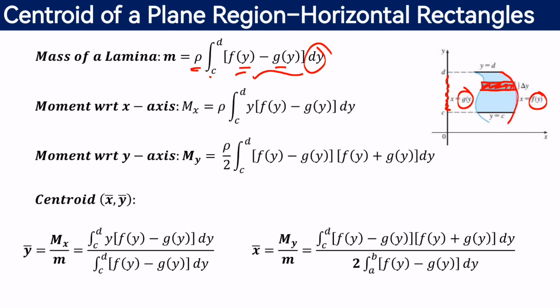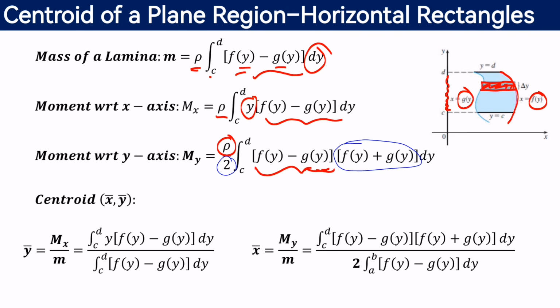Moment with respect to x-axis is just the mass, so that's rho times this part here times the location with respect to x-axis, which is y. The moment with respect to y-axis is just the mass, so that's rho times the integral of the difference of the functions f and g times its location, which is f of y plus g of y divided by 2.